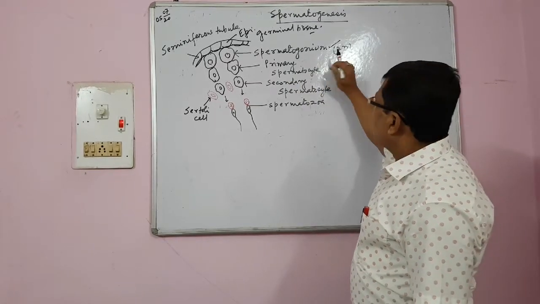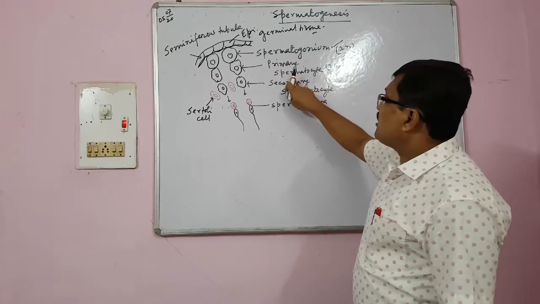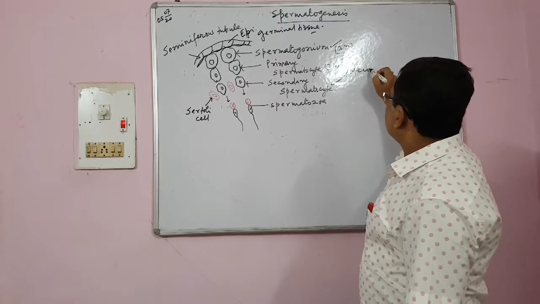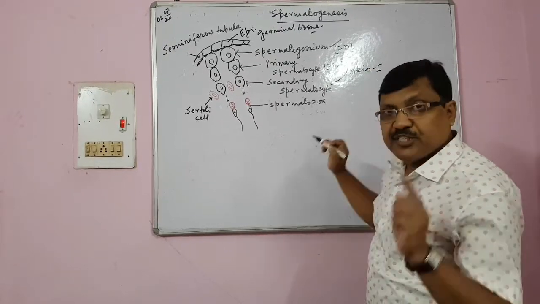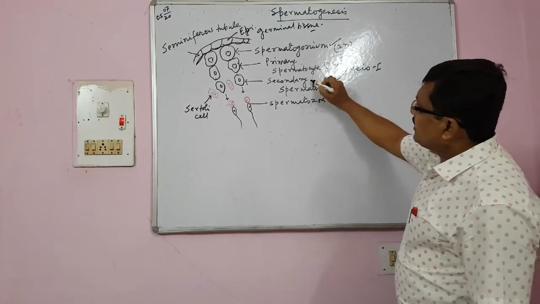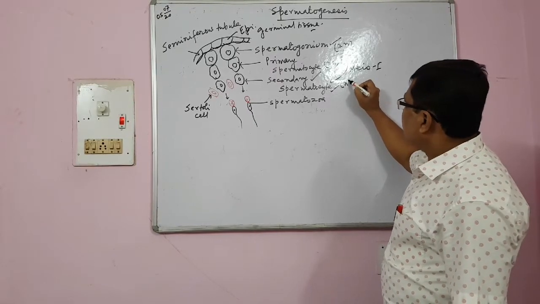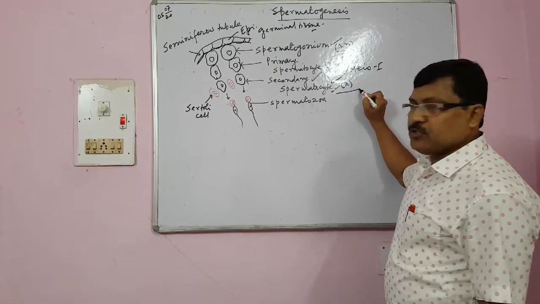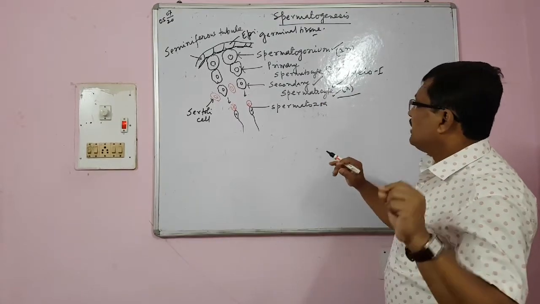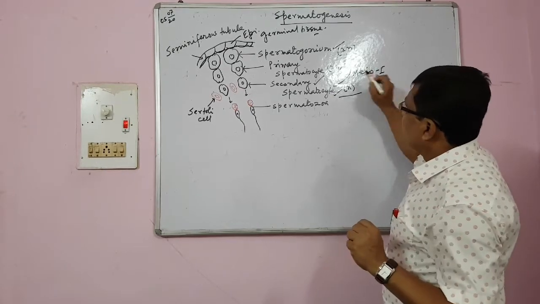This is still 2n, and this primary spermatocyte undergoes the meiosis first division, and then the secondary spermatocyte is formed. This secondary spermatocyte is haploid, because by the process of meiosis 1, this primary spermatocyte will divide and form 2 cells.